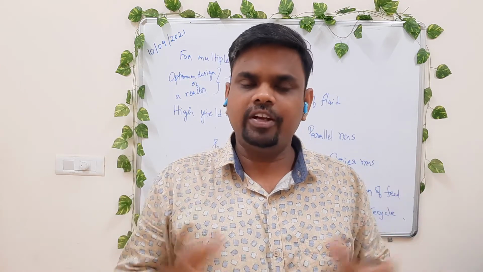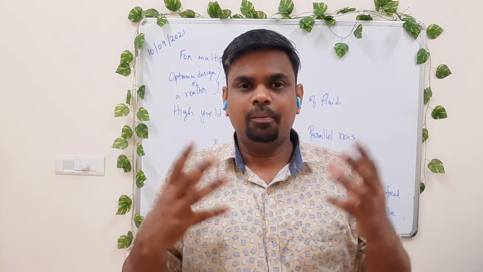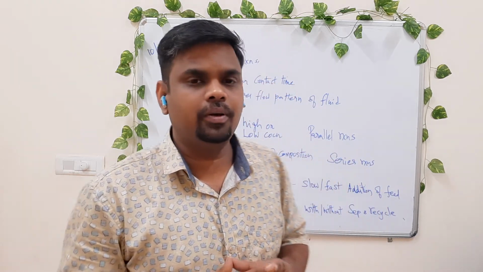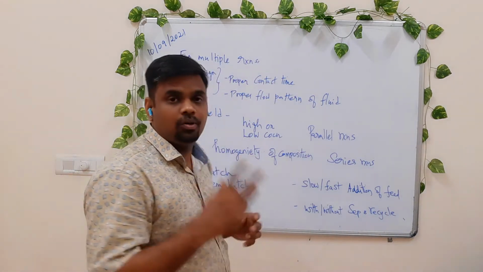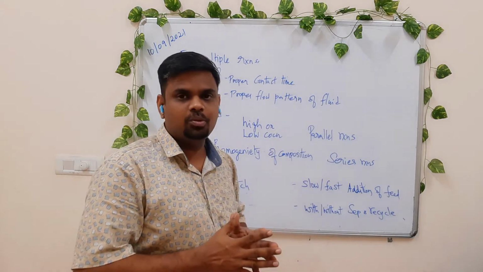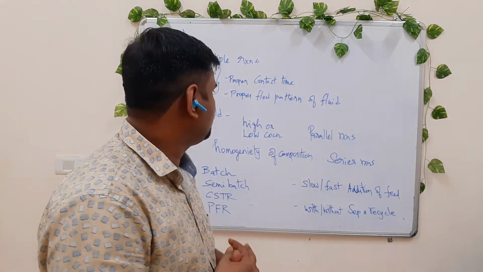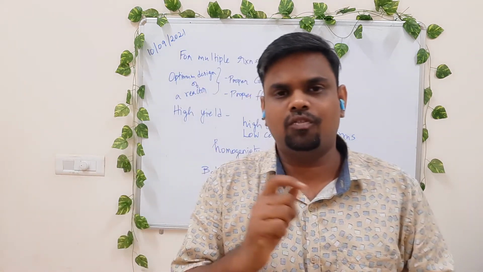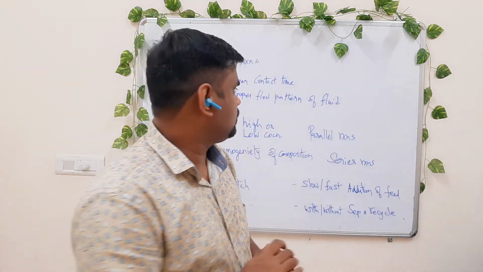When you have more than one reaction, whether series reactions or parallel reactions, the performance of the reactor, or the optimum design of a reactor, will depend upon two things. One is proper contact time between the feeds. The proper contact time is one important parameter which we have to consider. Another is proper flow pattern of the various feeds or fluid streams coming into the reactor.